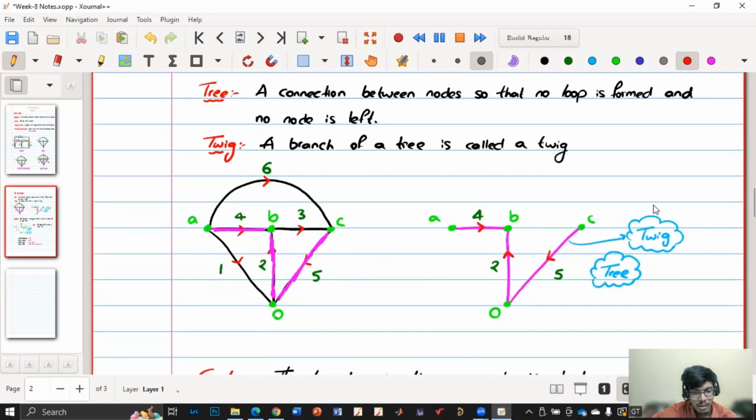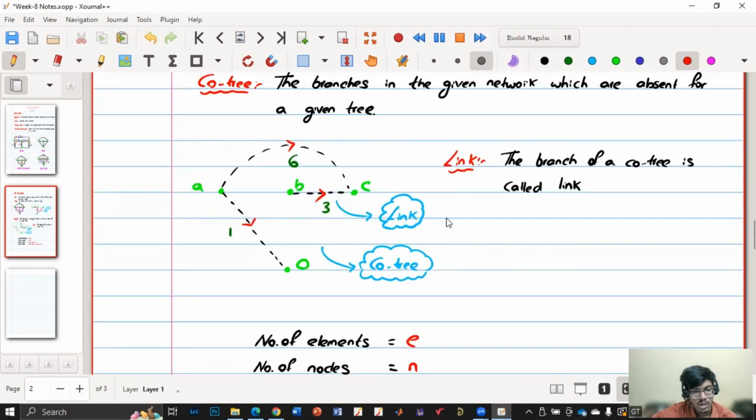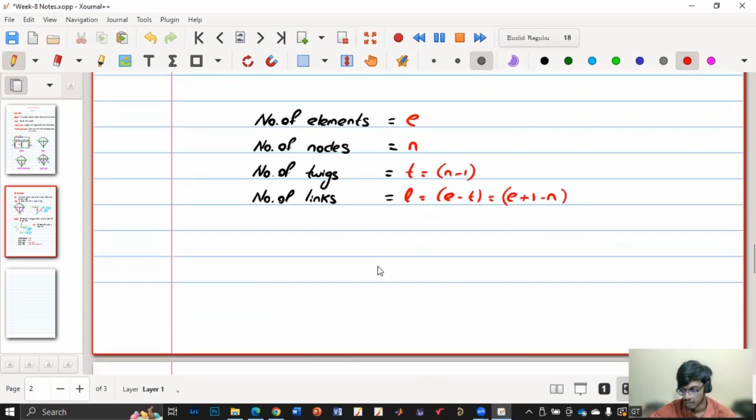Number of elements minus number of twigs is equal to number of links. Number of links is equal to number of elements minus number of twigs. All right.